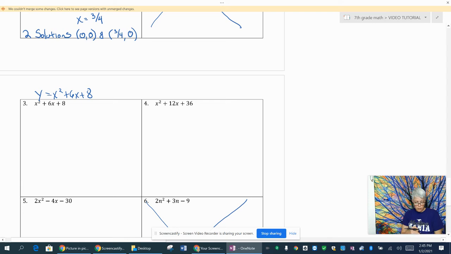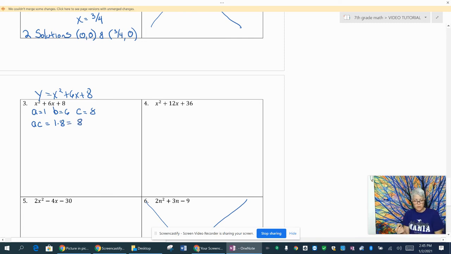So again, I'm going to go ahead and keep that up there for just a second. And I'm going to go ahead and work this one out. And let's see. If you remember, A is 1, B is 6, C is 8. There wasn't anything to factor out. There wasn't a greatest common factor. So now I'm going to do A times C, which is 1 times 8, which is 8.